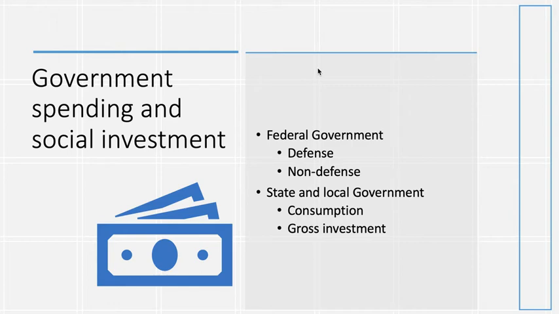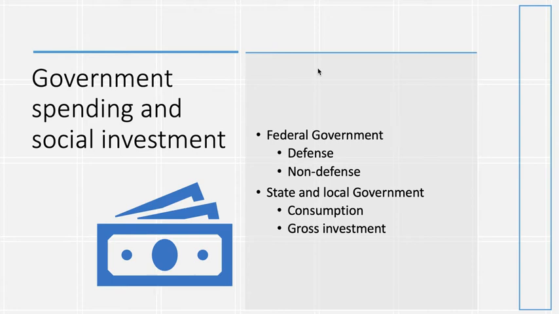Then state and local government spends a significant amount of money that's calculated in GDP. So the consumption expenditures would be things like school teachers and police officers, firefighters, folks that work in libraries, the senior centers, social workers, etc. Their pay is included under that consumption expenditure.